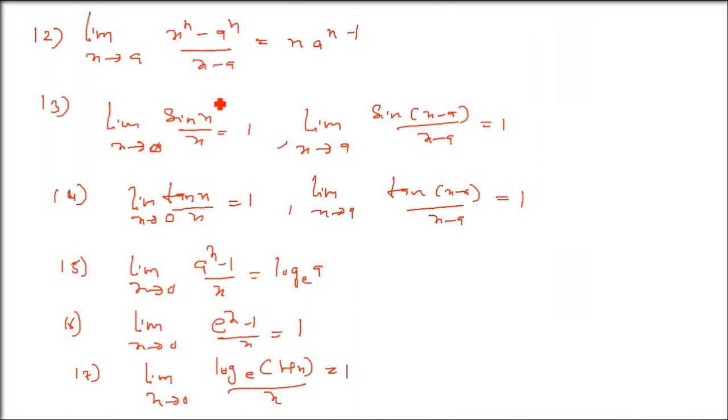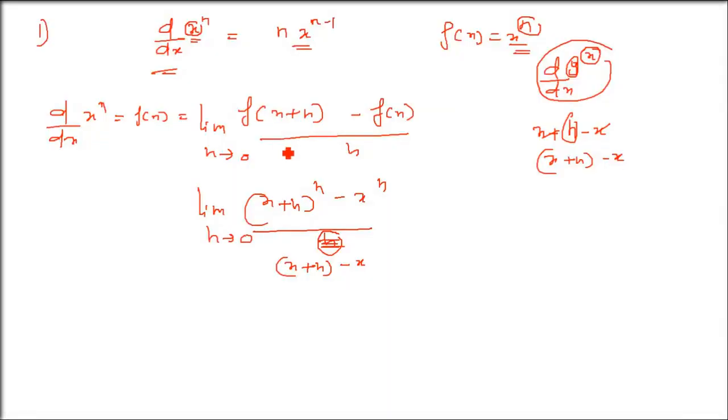Now if you remember, I just gave you a certain relationship. This 12th one was limit x tends to a of (x raised to n minus a raised to n) by (x minus a) is n a to the power n minus 1. Here assume it to be any variable, say x only, don't worry. So x to the power n minus a to the power n, here x plus h is like x, and x is like a, and this is of x minus a type.